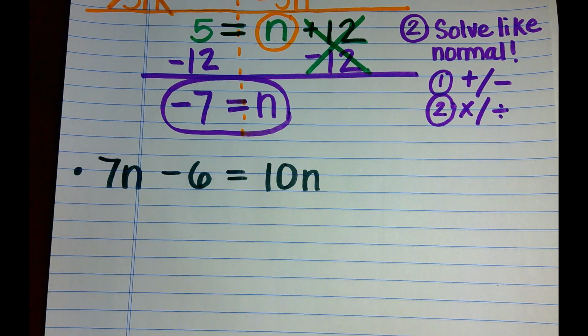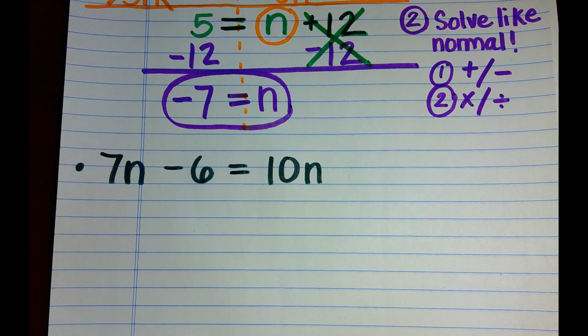This is different. 7n minus 6 equals 10n. What should we do first?